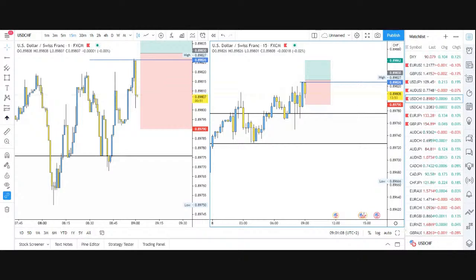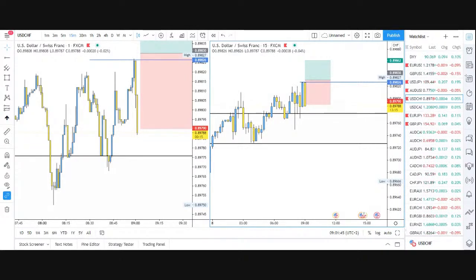So we're placing an order on USD CHF right now. New order. So this is a buy stop.